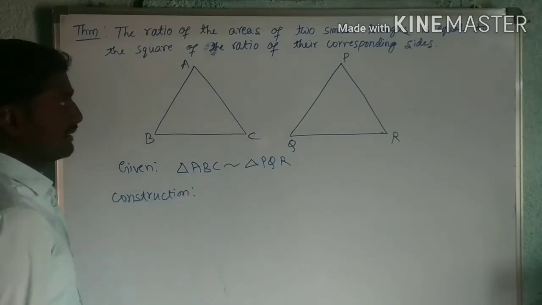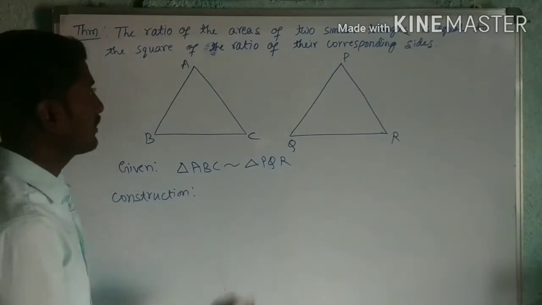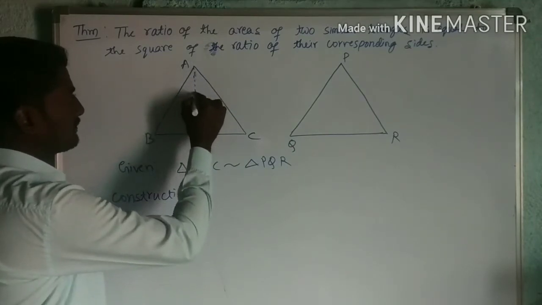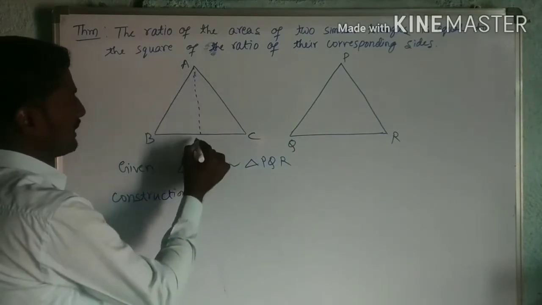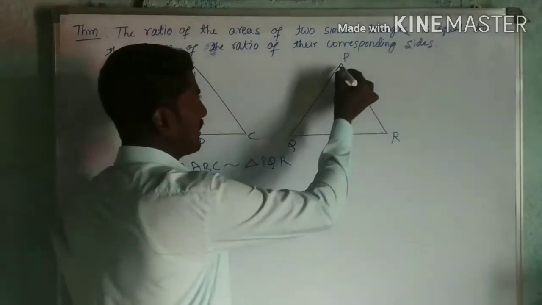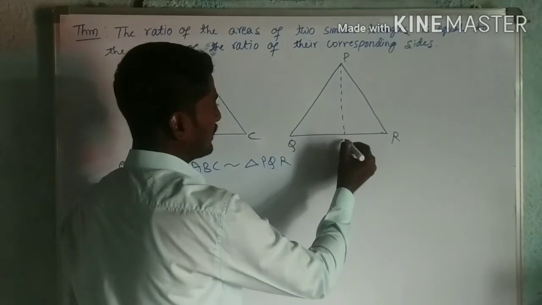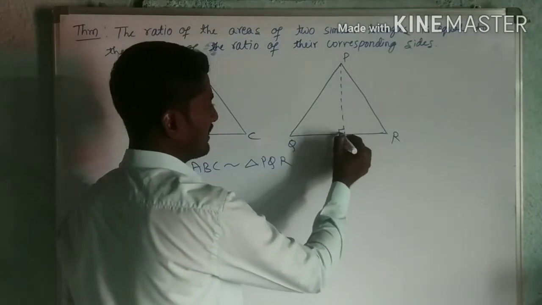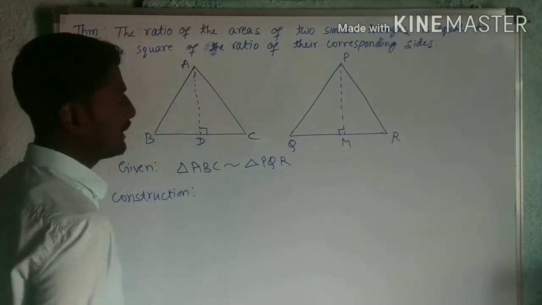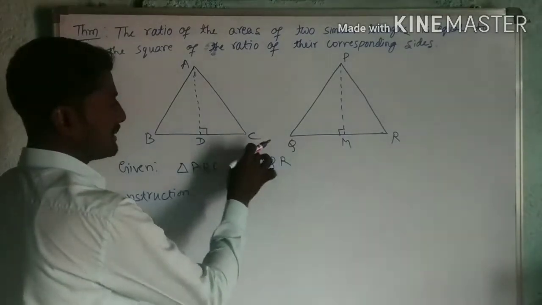Now in this theorem I have to construct the altitudes. AD is an altitude of triangle ABC, then PM is an altitude of triangle PQR. Altitude is nothing but it is perpendicular to the base BC and QR.